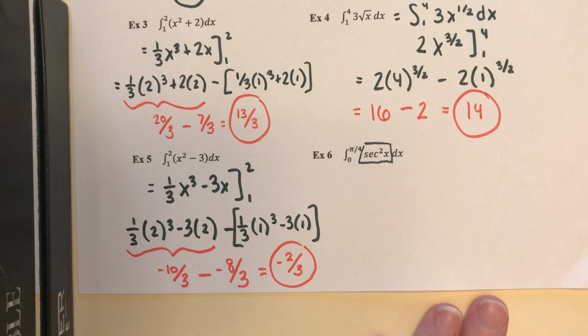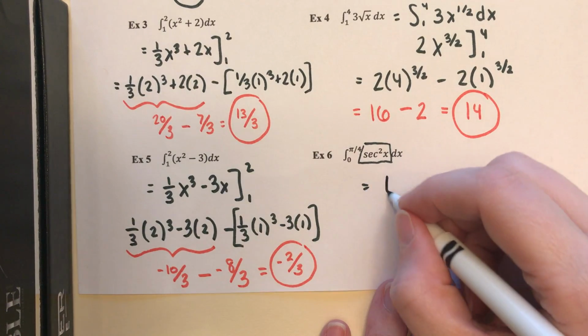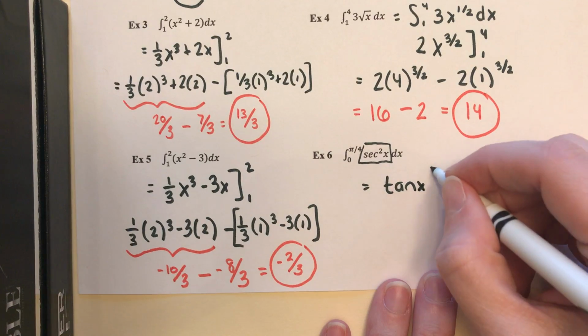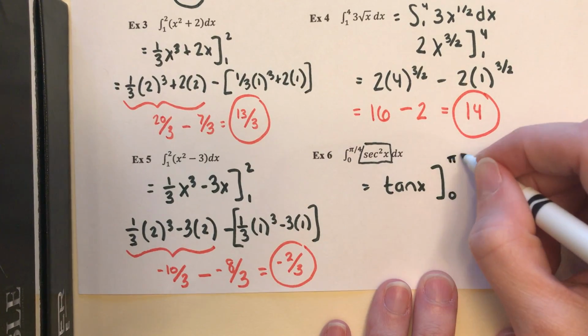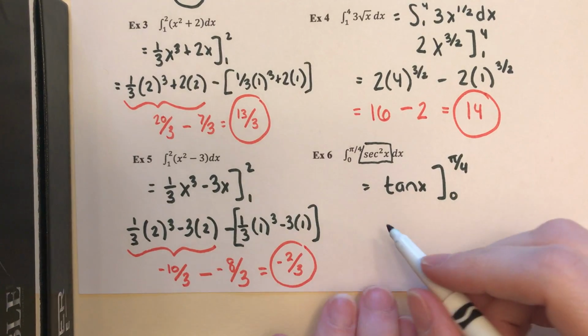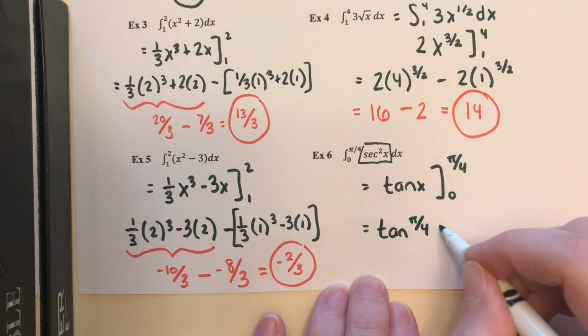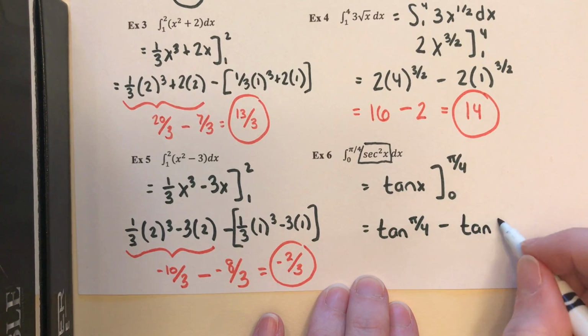The derivative of tangent is secant squared. So if we're going backwards, the integral of secant squared would be tangent. And we're going to evaluate that from 0 to pi over 4. So same thing, we're going to plug in the top number first, tangent of pi over 4 minus the tangent of 0.